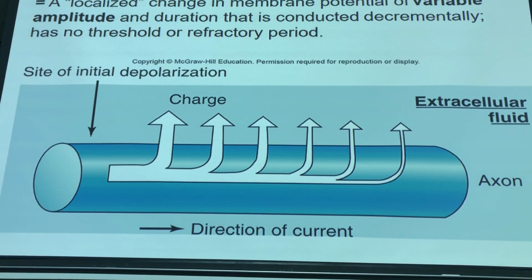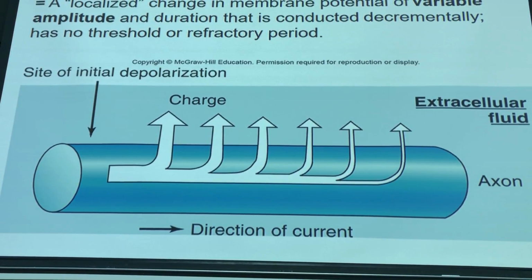One is a graded potential, the other one is the action potential, okay? So, what is a graded potential? It's a localized change in a membrane potential of variable amplitude and duration that is conducted decrementally, okay?